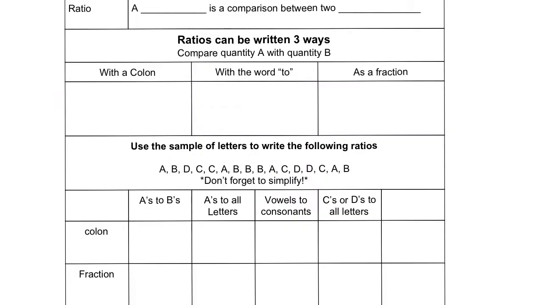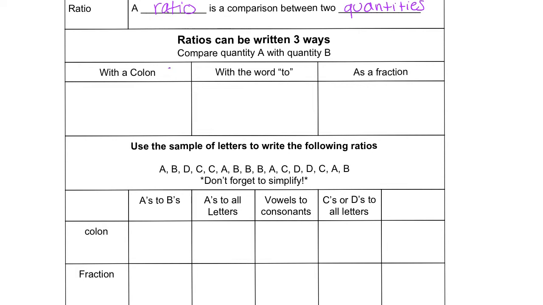So a ratio, like I said, is a comparison between two quantities. Okay? So if we're comparing quantity A with quantity B, there's 3 ways you can do it.